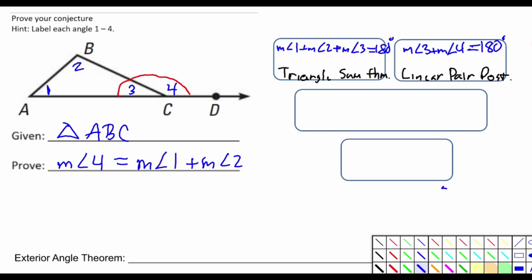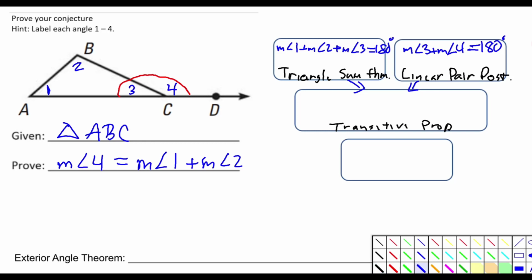But now, what is very interesting about this problem? Well, both of those statements say something is equal to 180. Well, now we can just do a little either substitution or transitive property, however you want to do it. Let's do a little transitive property. And we can rewrite that statement without the 180.